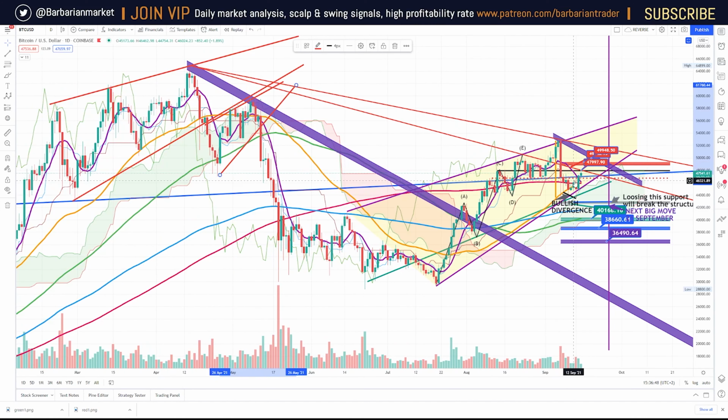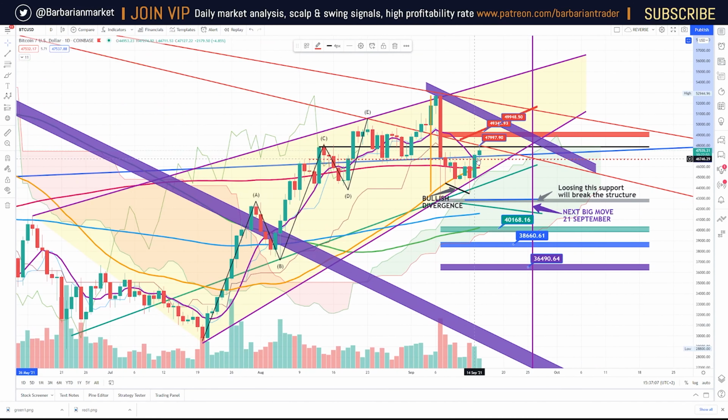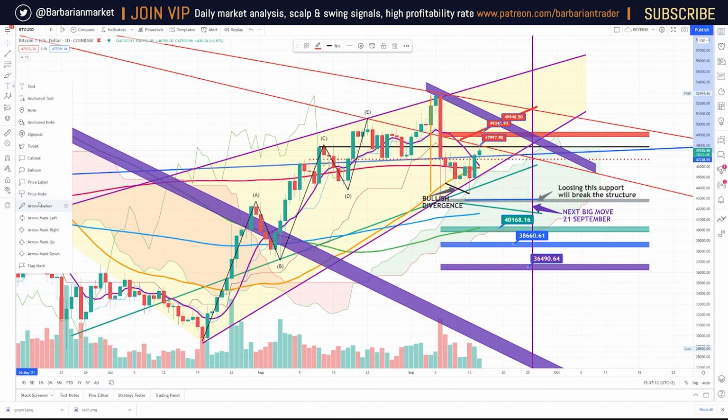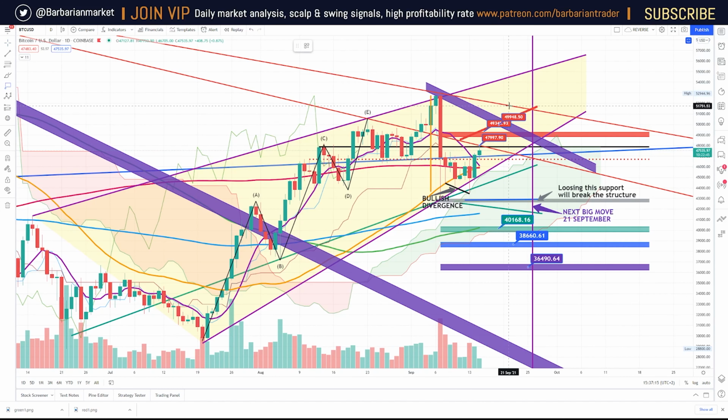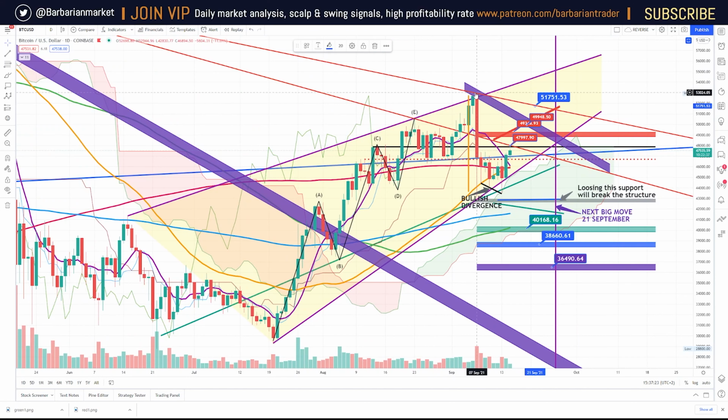As you see here, we have the diagonal resistance made from this top and this top. So they broke it, dumped it, now they come and test it again. If we break it, probably, let me zoom in a little. It is possible, I don't say it's not possible, to see a retest of this diagonal resistance from the 65K top with this top, they might come here.